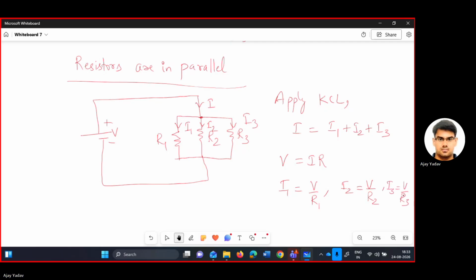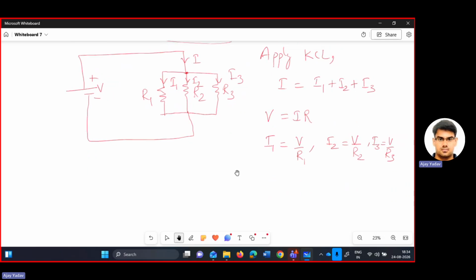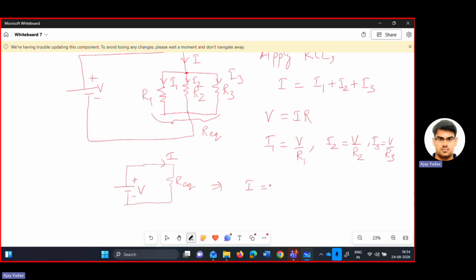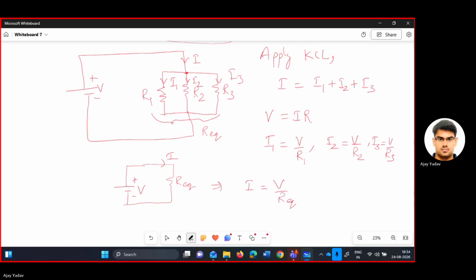Similarly, as in the previous case, if the equivalent resistance of this is R equivalent, and you have a voltage source of V with R equivalent here and I is this current, then I is V by R equivalent.